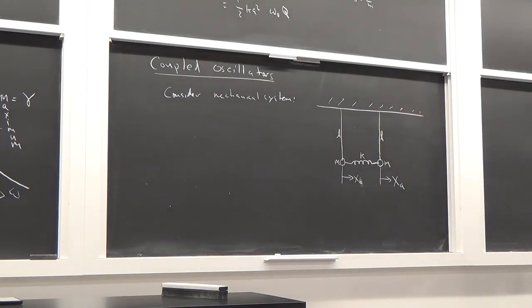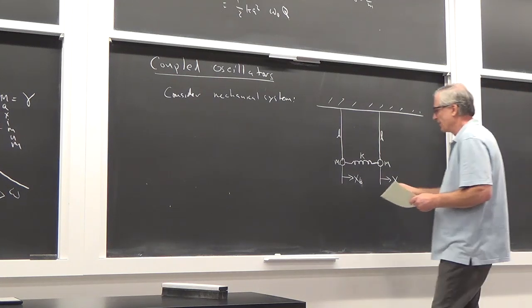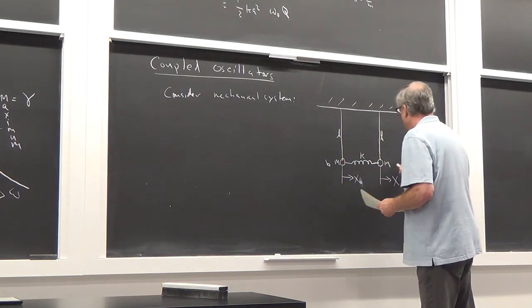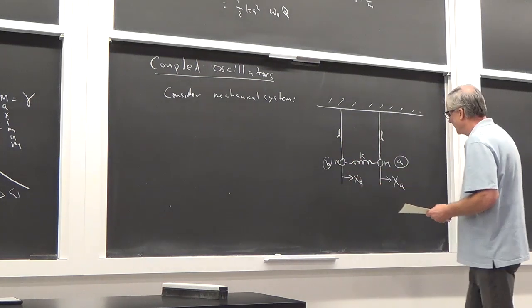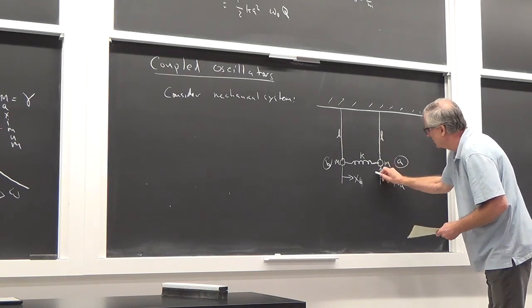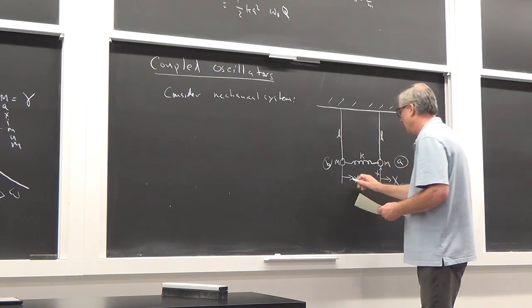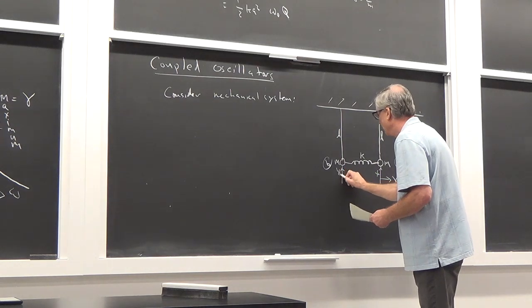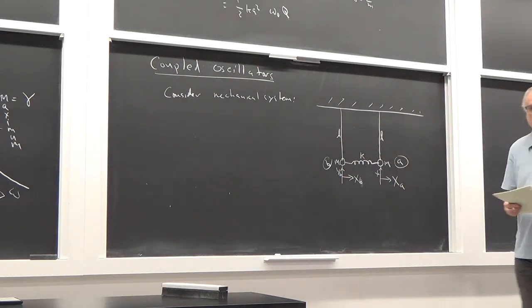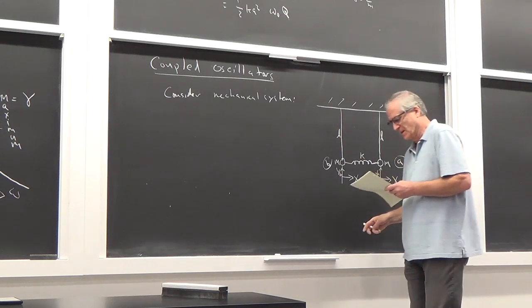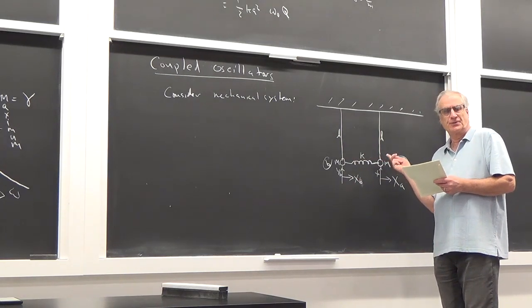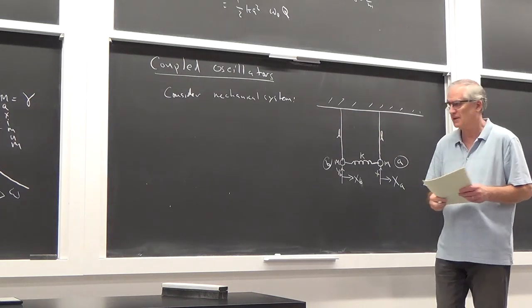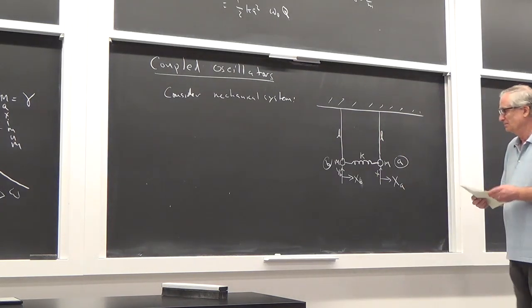So this is to be considered mass B, and this is to be considered mass A. And then the corresponding Y's, YA and YB, are in the other direction. I'll choose the origins at the equilibrium positions of the two masses. That seems like the obvious thing to do.